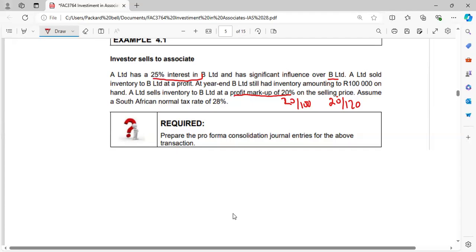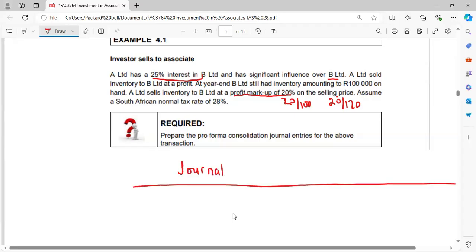So let's look at the journal that we are going to have in this transaction. We want to eliminate, because you can see here, A Limited sold inventory to B Limited at a profit.